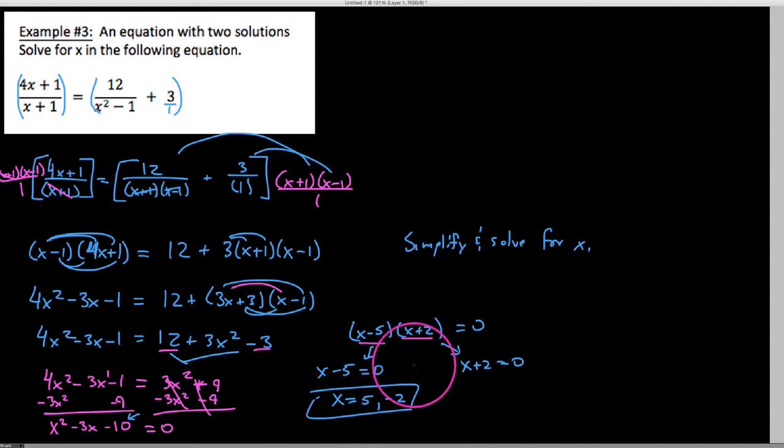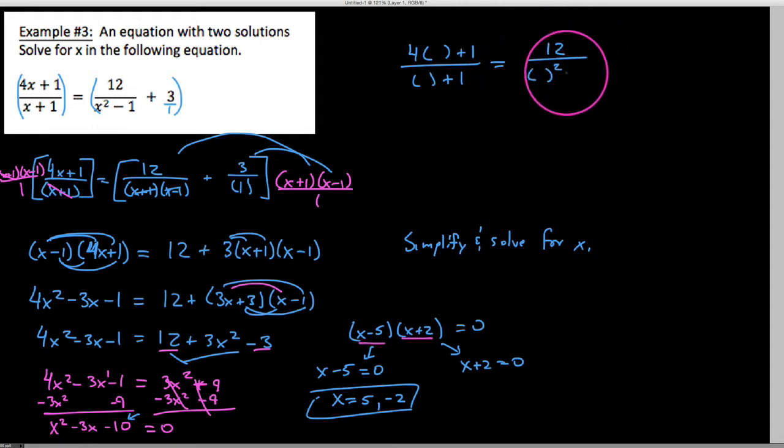I do want to check both of these back in the original equation, because it's possible that one of them doesn't work. So when we check this in the original equation, we have 4 times input plus 1 all over input plus 1, which is supposed to be equal to 12 over input squared minus 1, plus 3 over 1. The first value that I'll plug in is the negative 2.